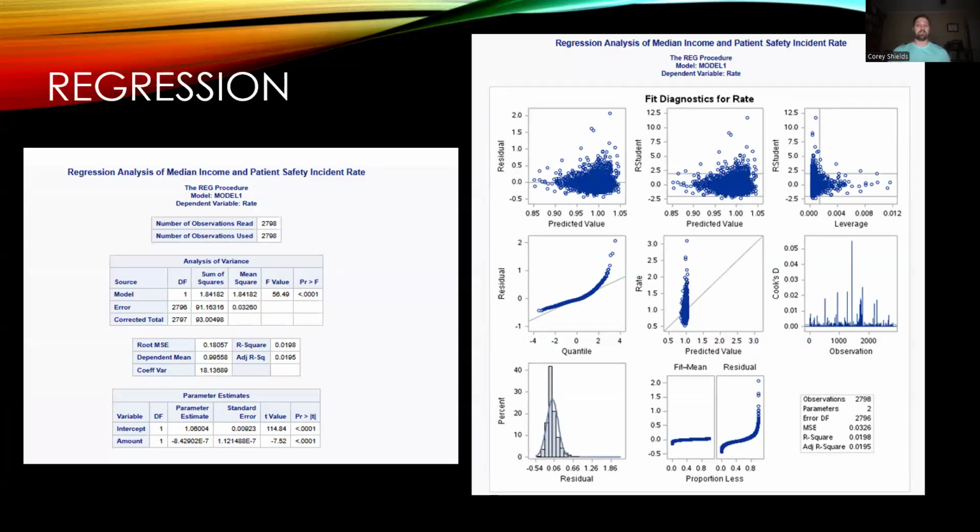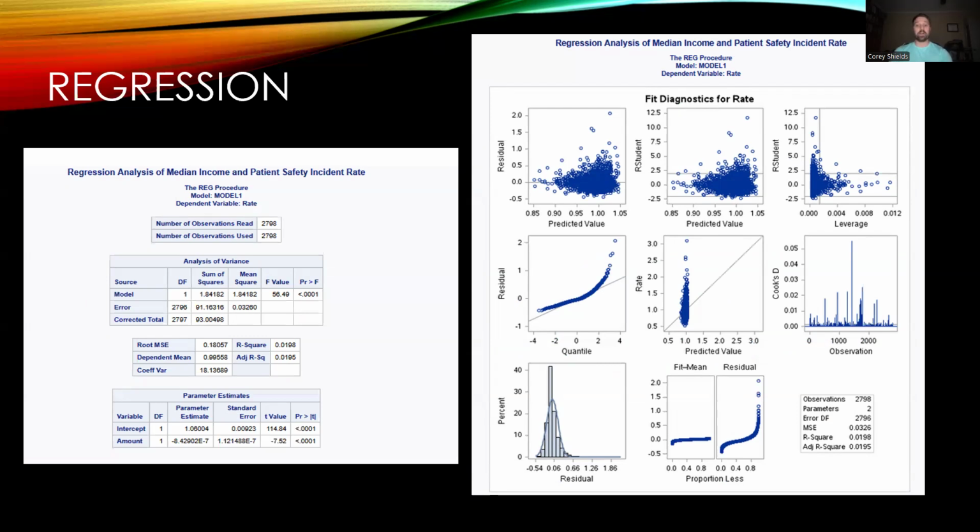Looking at our regression model, we can see that there was a statistically significant negative relationship between median income and patient safety incident rates. With a p-value of 0.001, this is strong evidence of a relationship.